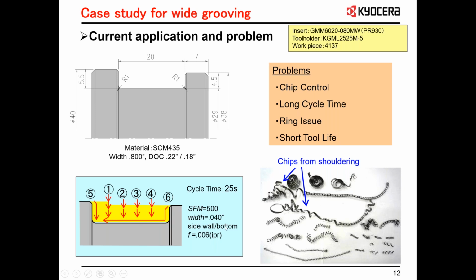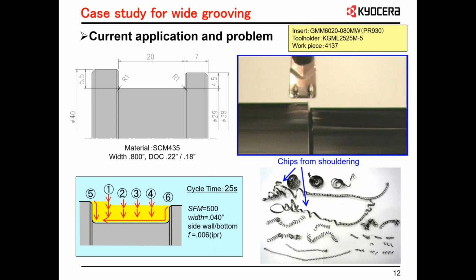The width of cut is now only 40 thousandths that we're removing in move number 5 and number 6. All has a feed rate of 6 thousandths per rev. Cycle time is currently 25 seconds, but you can see the chip evacuation issues that we're having.